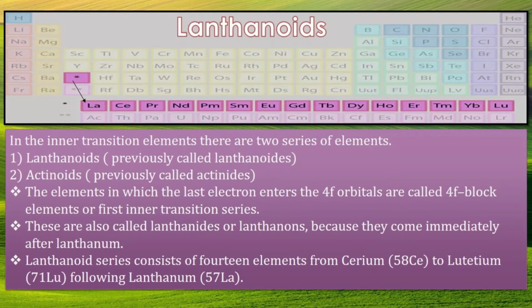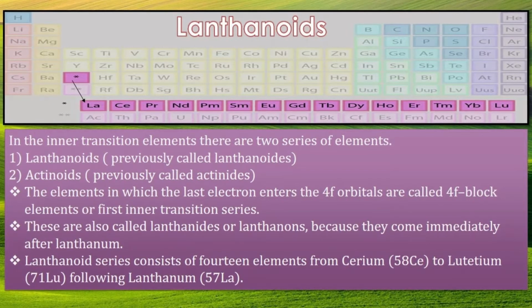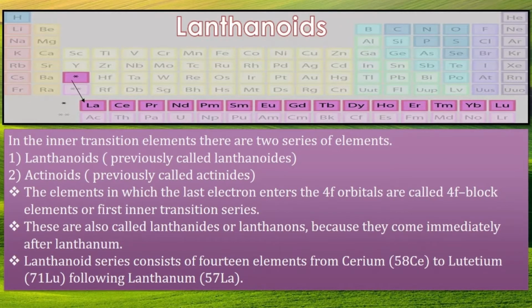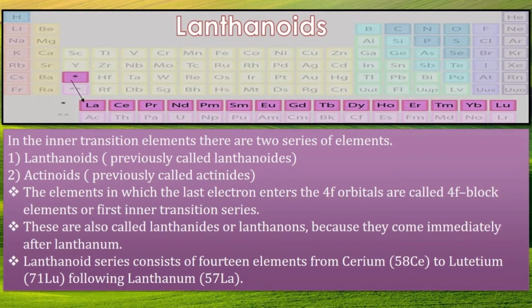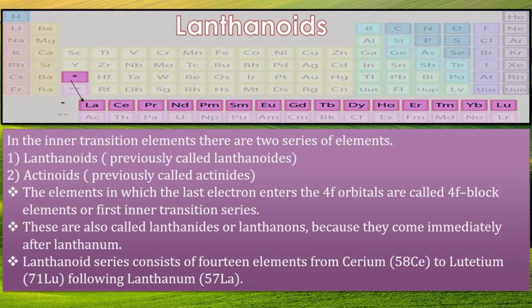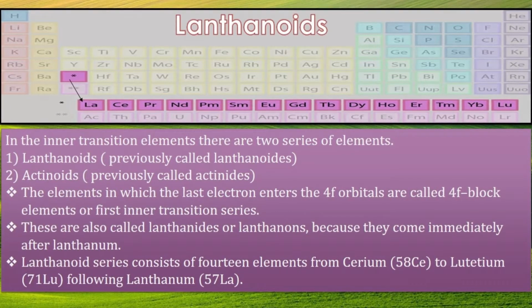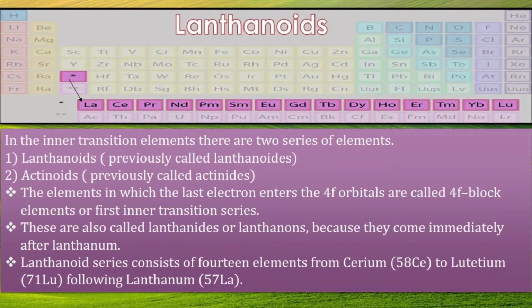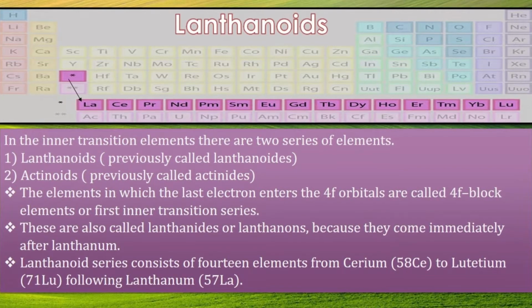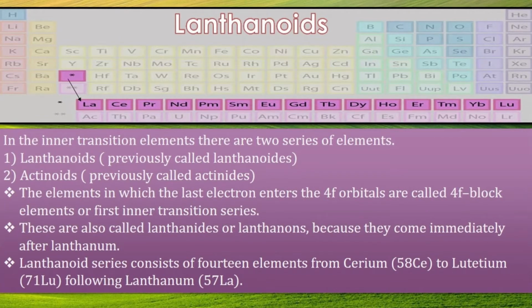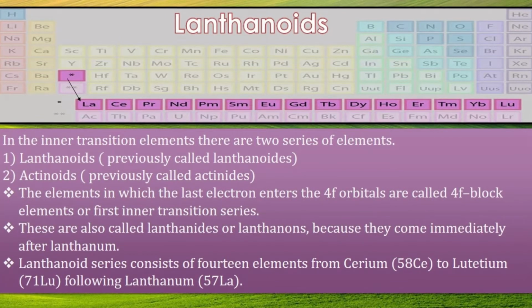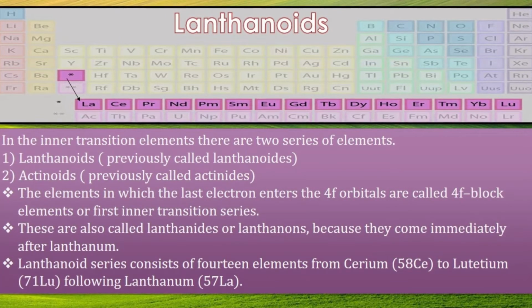This is because those elements resemble lanthanum, so they are called lanthanoids. And these lanthanoids are also called 4f block elements or first inner transition series. This is because the valence electron enters their 4f orbitals.